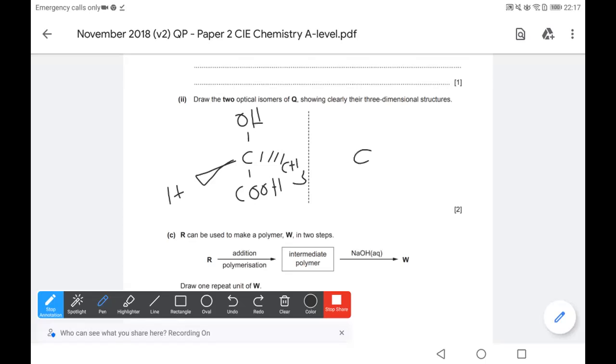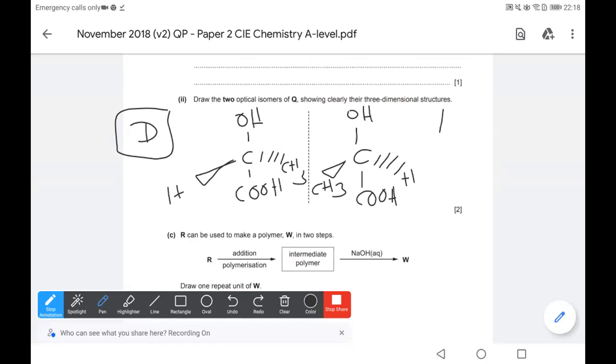Here C, one out, CH3, one in, H, OH, two tetrahedral, two around the carbon are in the same plane. These two are mirror images of each other. We say D molecule and L molecule, or some say R and L.